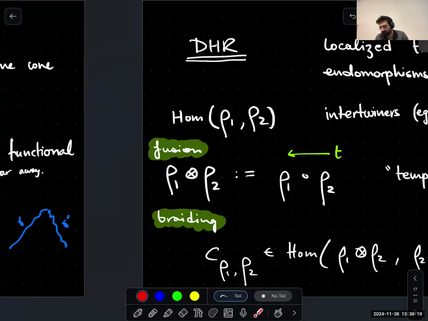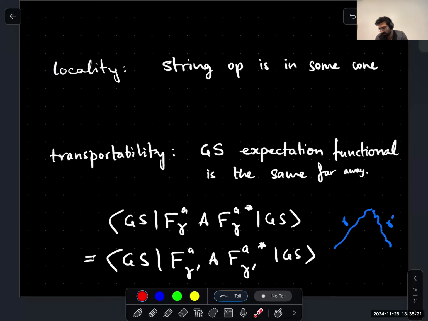If you look back at this picture, in order to get from this string operator to this string operator, you have to go here and then here and then here. So if I have such an operator going off to infinity in such a way, and I multiply this operator with that operator, then I'm going to get back this operator right here.